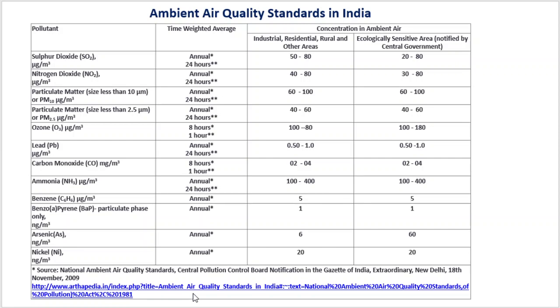Nitrogen oxide for residential area is 40 to 80, ecologically sensitive area 30 to 80. Here we can see how the standard is maintained for different gases like ammonia, benzene, benzo(a)pyrene, arsenic, nickel. Those standards are set.